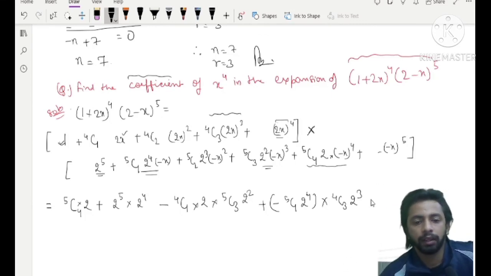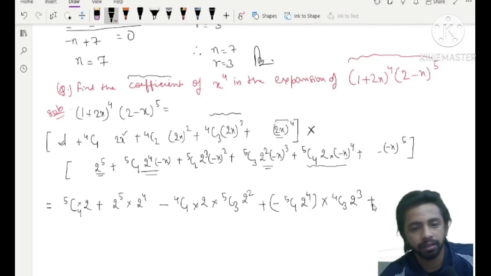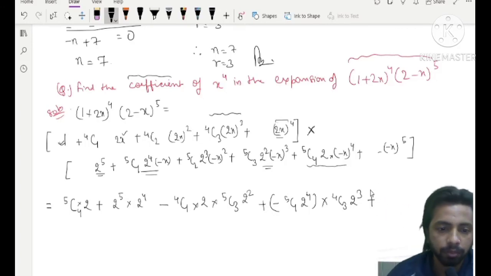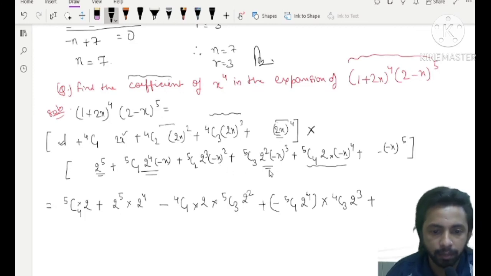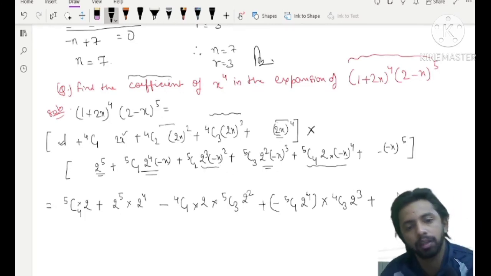and after this only one possibility is remaining. When x square is getting multiplied with x square, you will get x to the power 4.